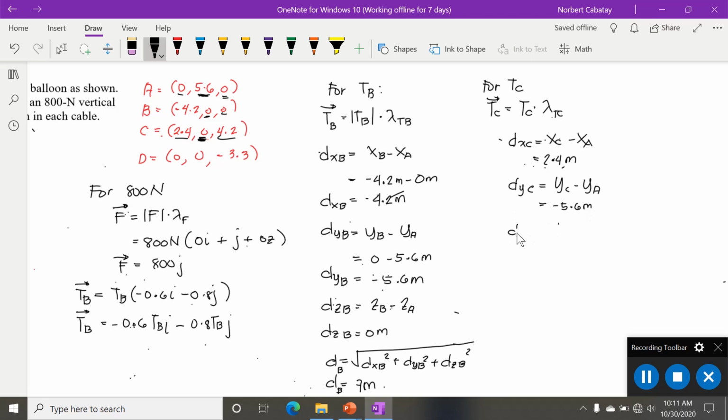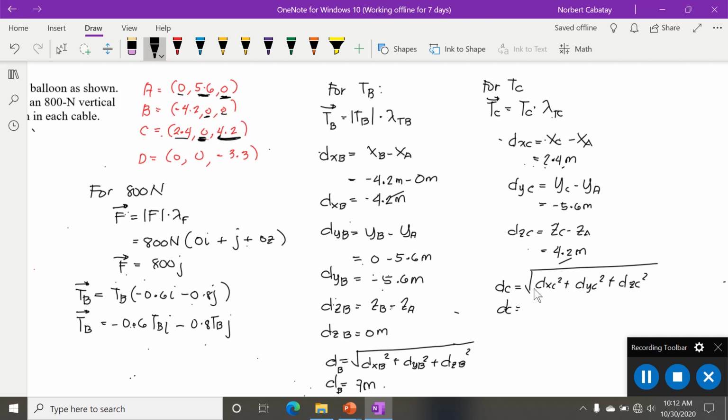And yung ating d sub zC is z sub C minus z sub A, so that will be 4.2 minus 0. So, it's 4.2 meters. Then, solving for the distance, that will be d sub xC squared plus d sub yC squared plus d sub zC squared.